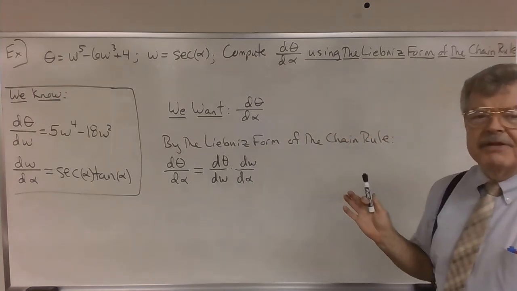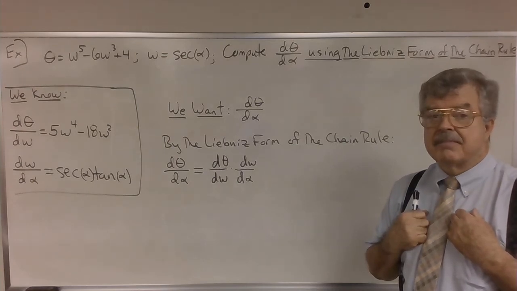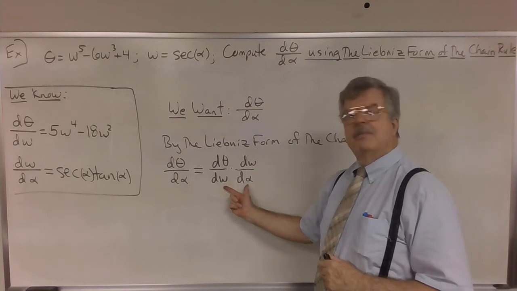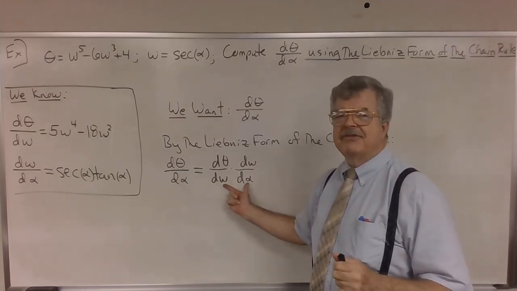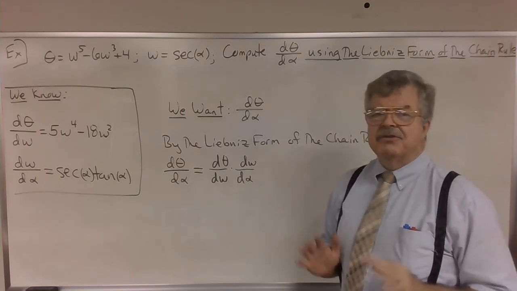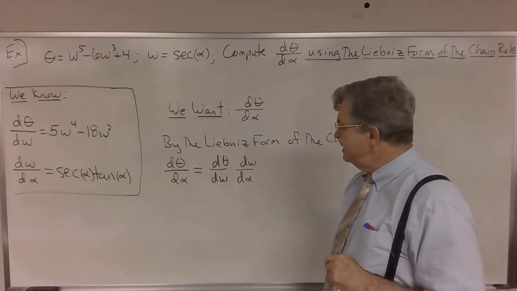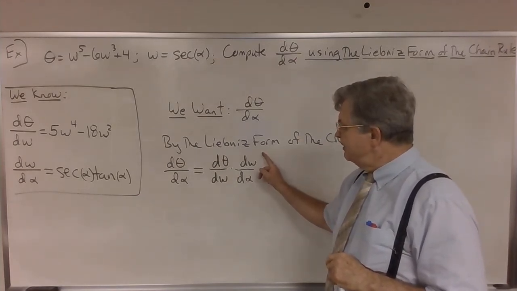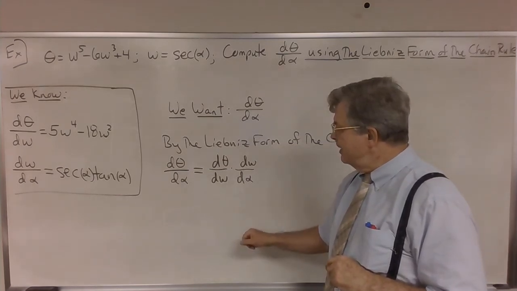And before I go any further, let me make sure that I've written it correctly. If I've written it correctly, then I should be able to imagine these two derivatives as being quotients or fractions. And I should be able to imagine myself canceling out the common factor of dw. And if I imagine myself canceling out the dw's, I should have the same thing on both sides.